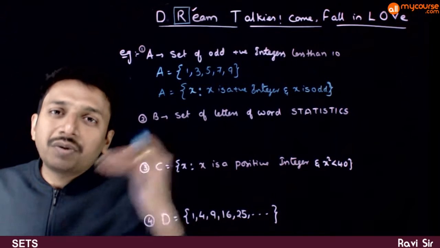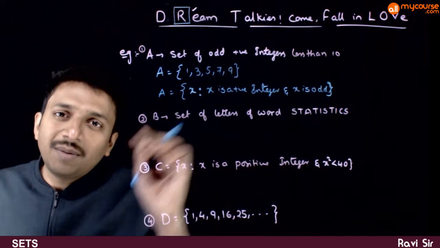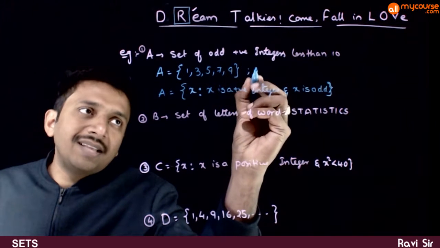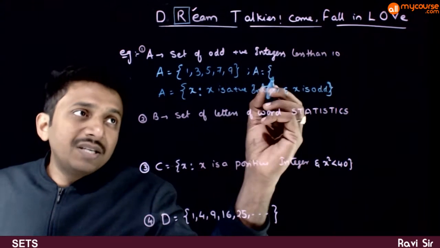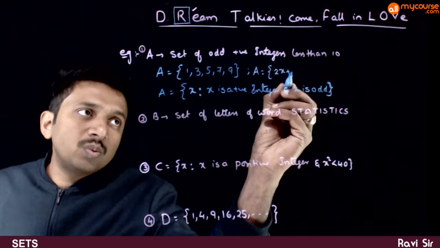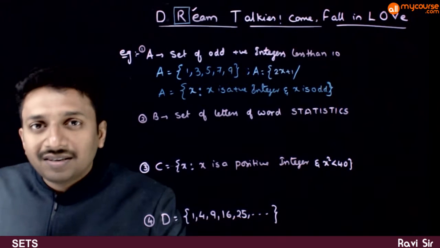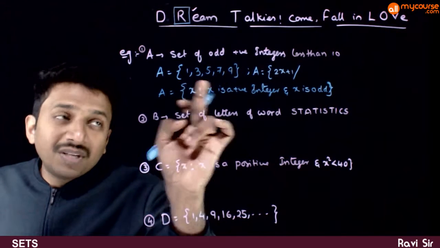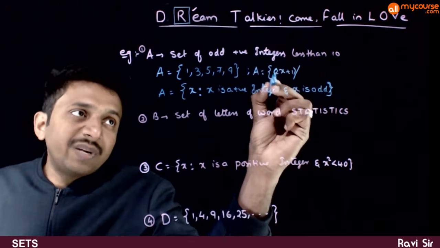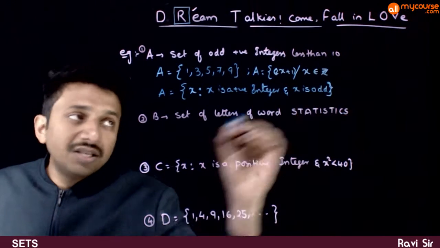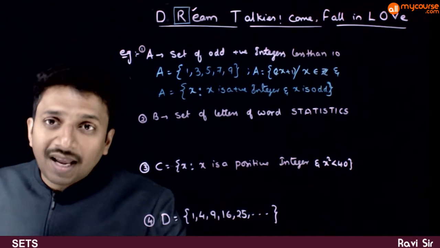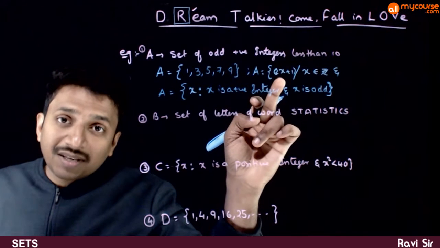So there are better ways to write this set in set builder form also. So let us write it like this. A is a set containing elements of the form 2x plus 1 such that, so you know that odd numbers will look like this, 2x plus 1, where x belongs to integers. And what should be the value of x?